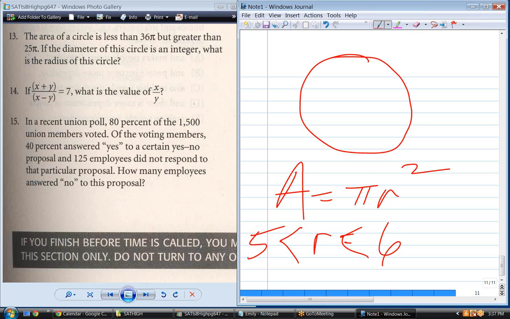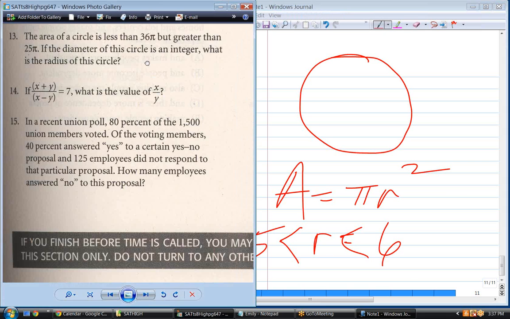And if the area of the circle is greater than 25 pi, R has to be greater than 5. The diameter of the circle would have to be 5.5 so that the diameter could be an integer. Very good. That's an interesting problem, yeah. It has to be 11, doesn't it? Yeah. Precisely.